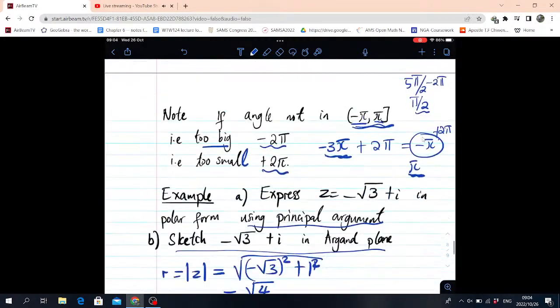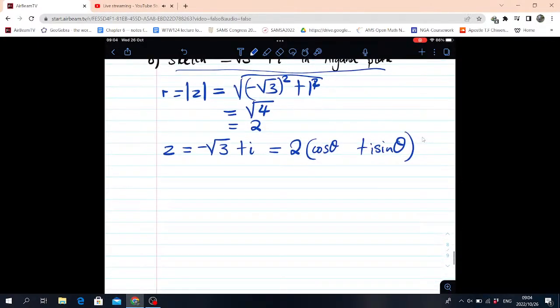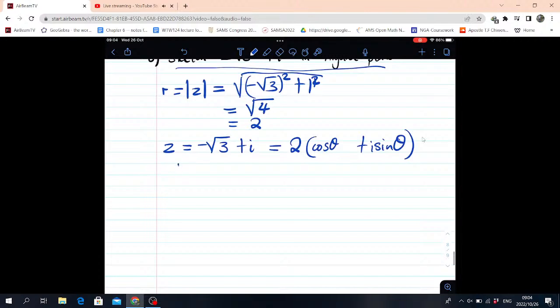And then from here, if I take the real part of z on the left hand side, I know this is going to be minus the square root of 3, and on the right hand side I've got 2 cos theta. I can call this equation 1.